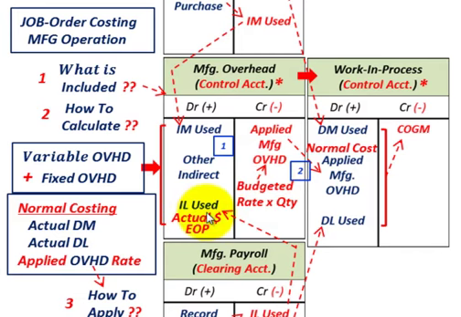Otherwise, with our actual amount, we have to wait till the end of the period to determine what's actually coming in here. And using the applied amount, we can credit out our manufacturing overhead account, and those were based on those calculations we made, and then it would go into the work in process account here.